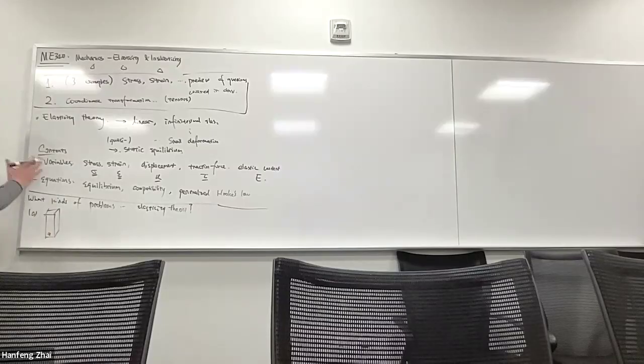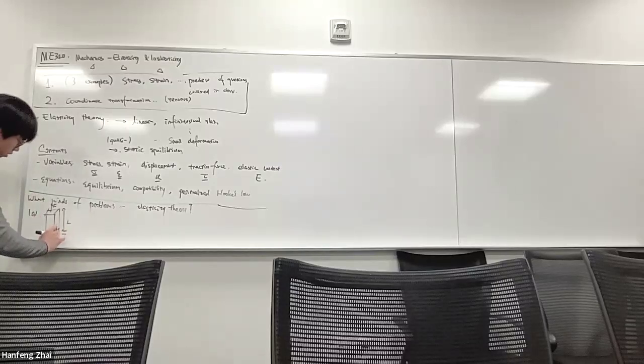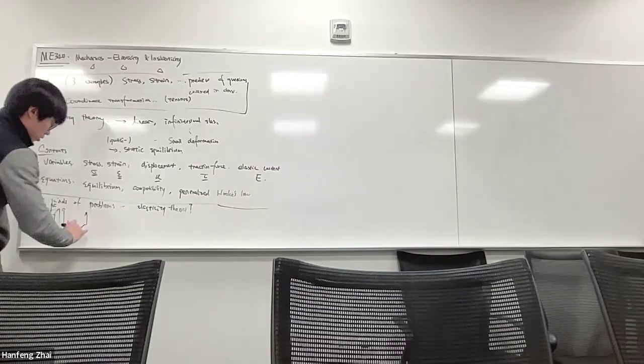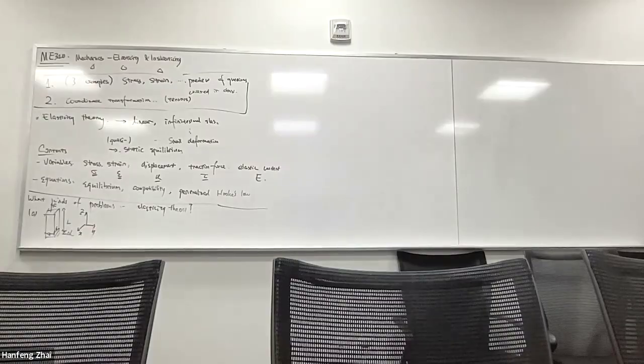The elastic bar has a cross section with width A and height B, and you apply force F, with length L. When you apply a force F, the bar will deform a little bit, and the change of length is delta L. We can establish a Cartesian coordinate system, X, Y, and Z, which I assume you are probably very familiar with.